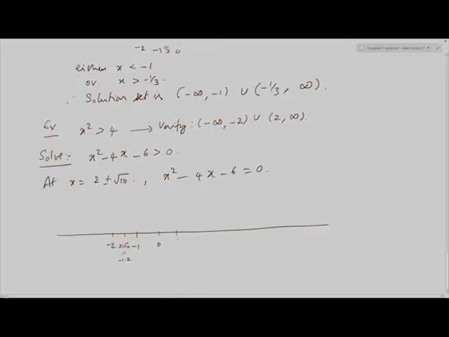And here it is 1, 2, 3 and so on, and 2 plus root 10 is a number greater than 5 but less than 6. So this second root, 2 plus root 10, will be somewhere around 5 approximately, not equal.